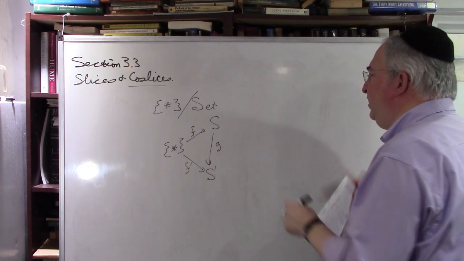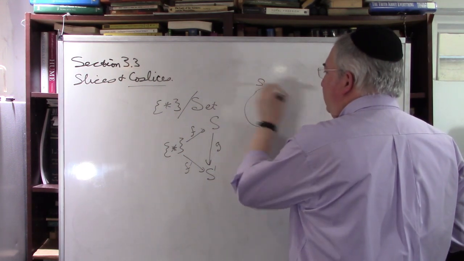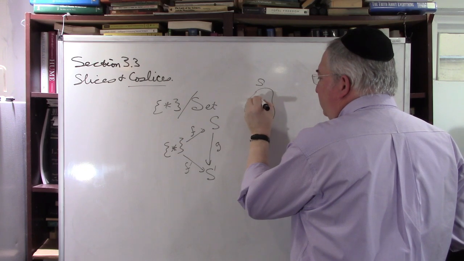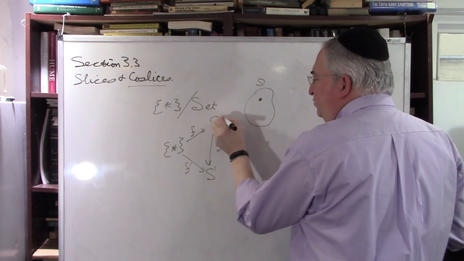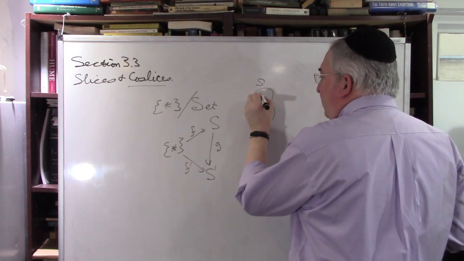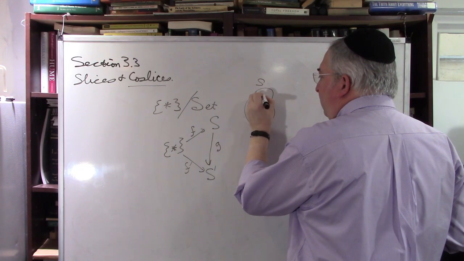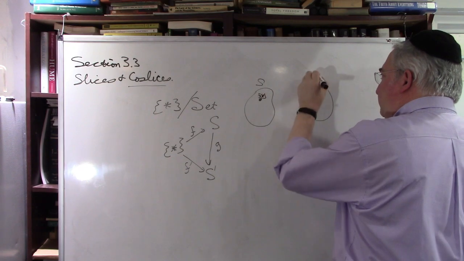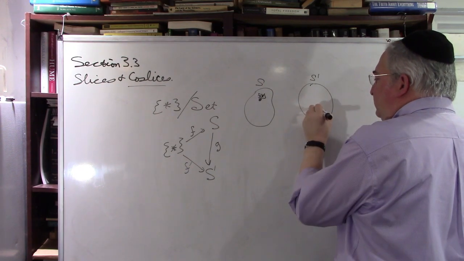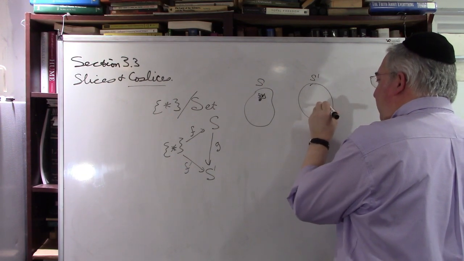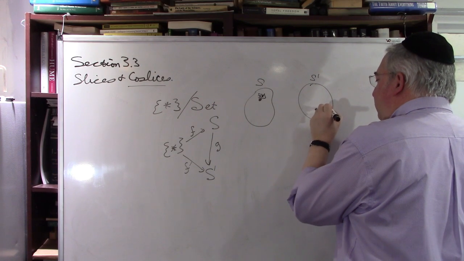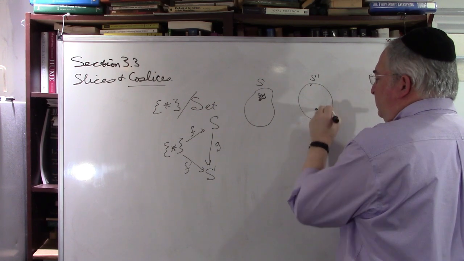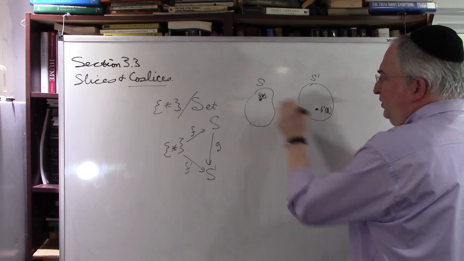The way to think of it is, here's your typical element S. It has a particular point which is picked out by this one-element set, so we might call this F of star. And here's another set, S prime, with a special point which we might call F prime of star. So here's a point and here's a point.